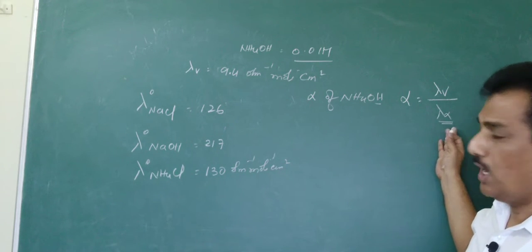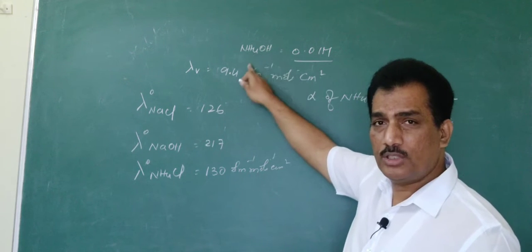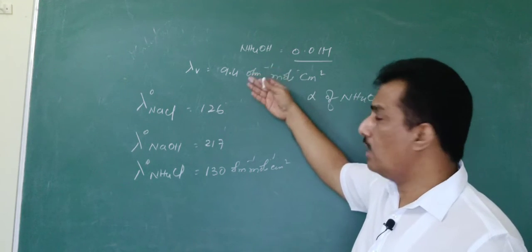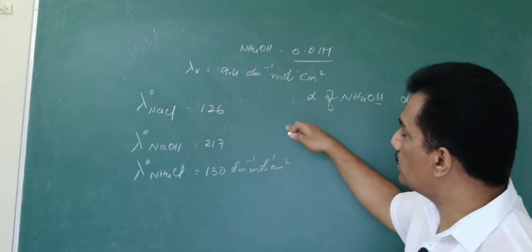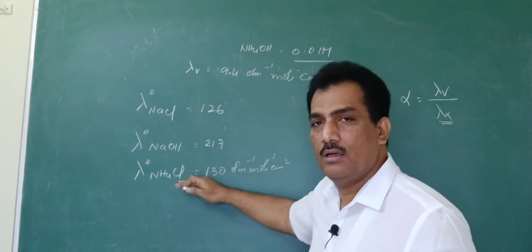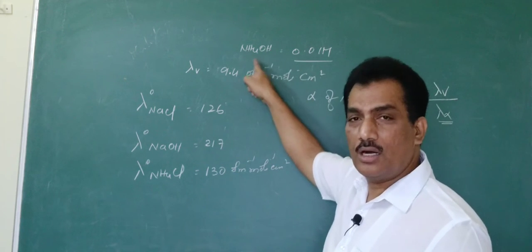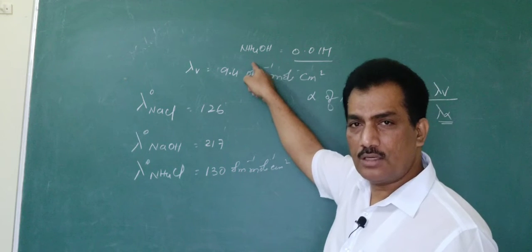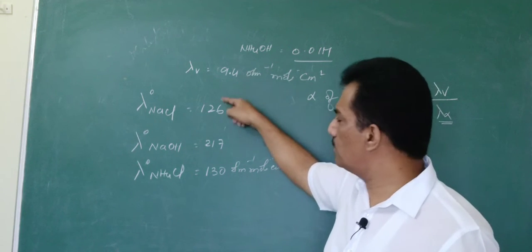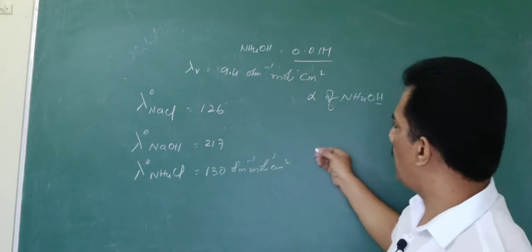Here they are not directly giving the specific ions present in this electrolyte, nor lambda infinite. So we have to consider these 3 data and, from them, abstract the 2 ion conductances, whose sum is the conductance of this electrolyte as per Kohlrausch law. We already covered this model in the beginning. Now let us solve.